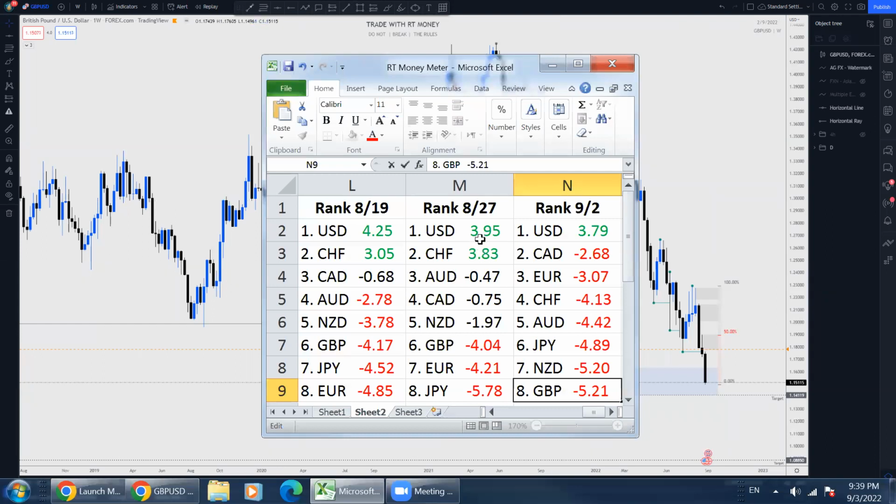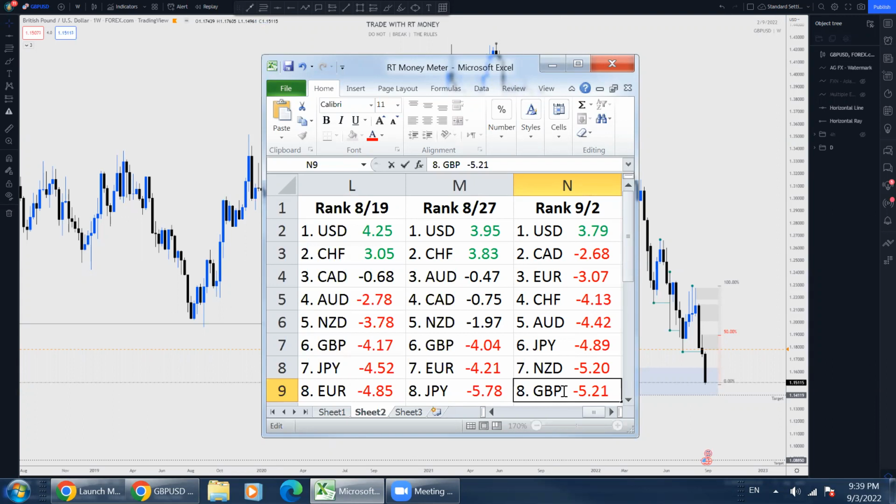Last week it was at 3.95. We can see that the US dollar has been moving to the side, but still remains the strongest of all of the other currencies.